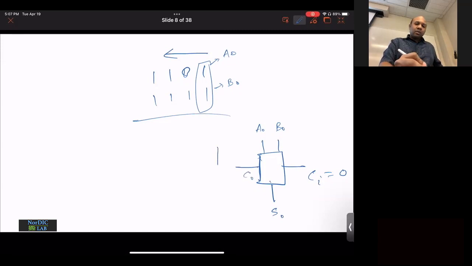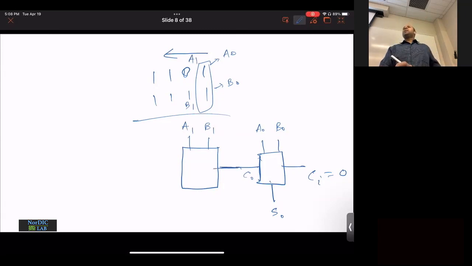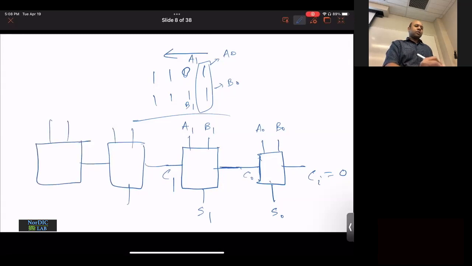And that carry will be given to the next stage, which will be adding A1 and B1. And this carry out from this guy will be the carry in for the next guy. And you have a sum output and you have a carry. Make sense? Are you guys confused or not? And so on. Done.